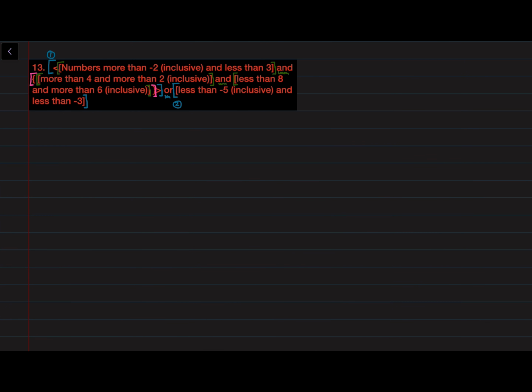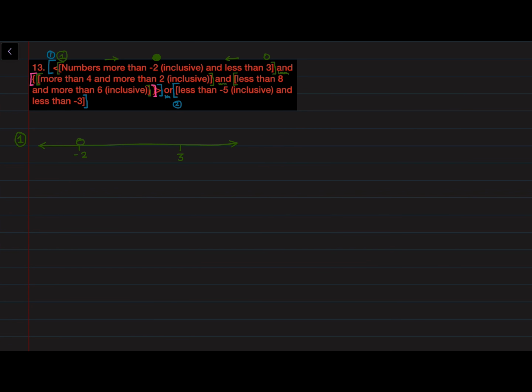So let's do the green one. We'll do this one first. So we're looking at numbers more than -2 and less than 3. We can draw the number line. We have -2 here and we have 3 here.